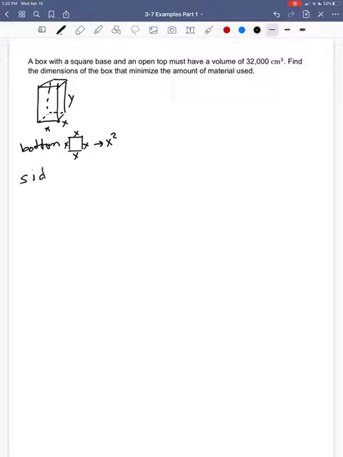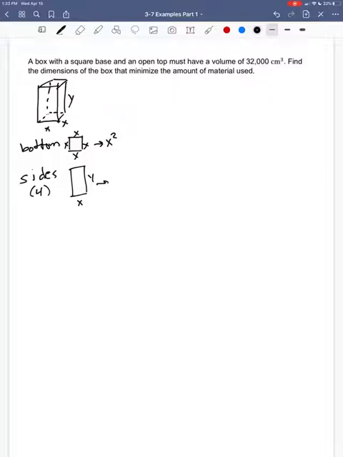If I look at the sides, of course there are four sides going around the box, and each side is going to look like this. We can see that definitely here on the right. It's X on the bottom and Y going up, but that's repeated all the way around. It's a square on the bottom, so every X here is really one of these X's here, and then it's going up Y along each of those sides.